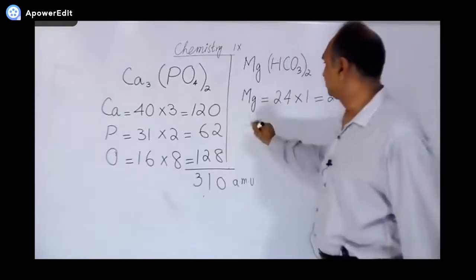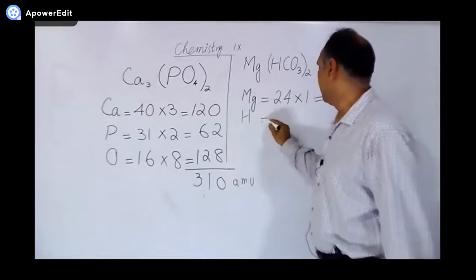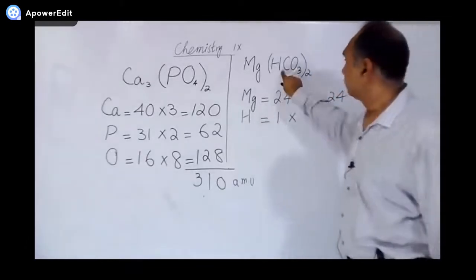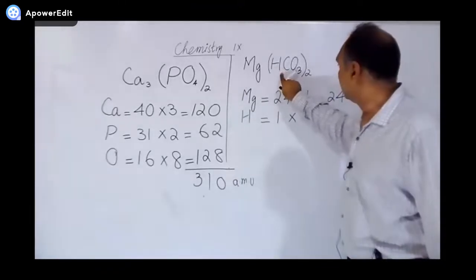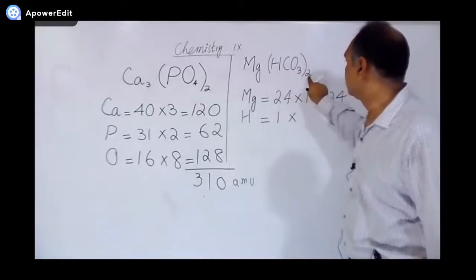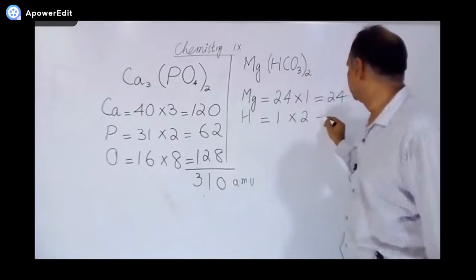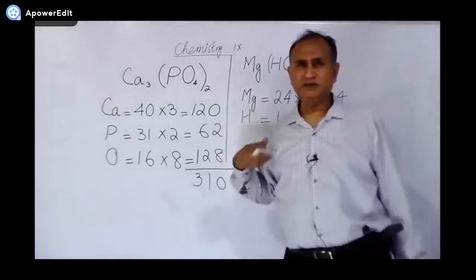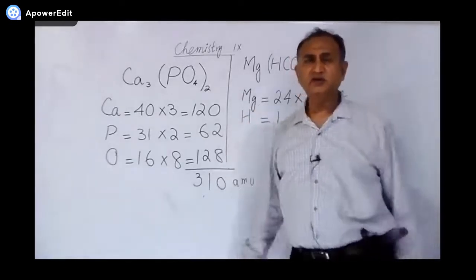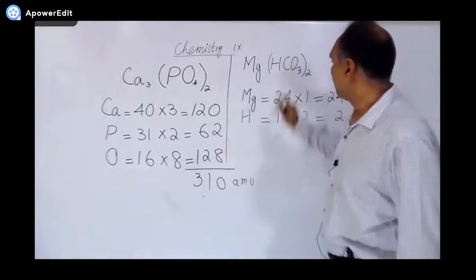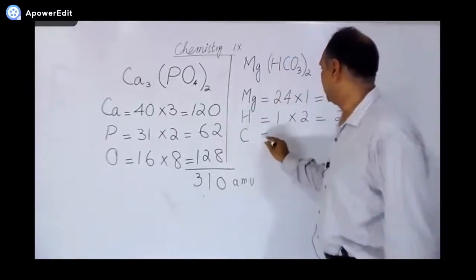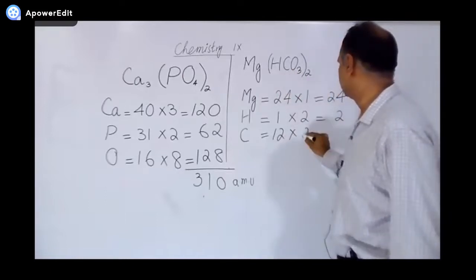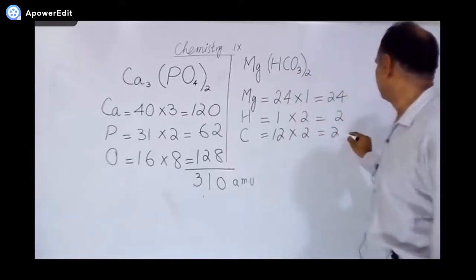Next, hydrogen. Mass of one hydrogen, 1. How many hydrogen do we have here? What is the subscript here? 1. It should be multiplied by 2. 1 twos are 2. I'm a little bit slower this time because I'm trying to convey it to you effectively. Carbon 12. How many carbons? 1 twos are 2, 24.